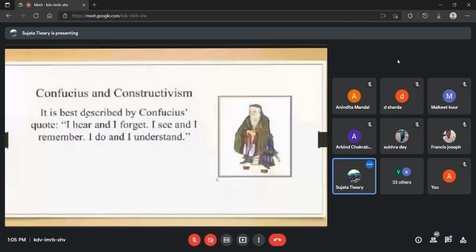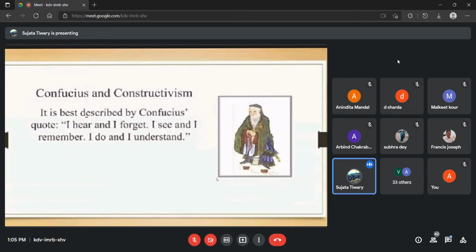Since it is learning by doing, it is learner-centered. The child creates the knowledge, the child builds the knowledge, the child constructs the knowledge.